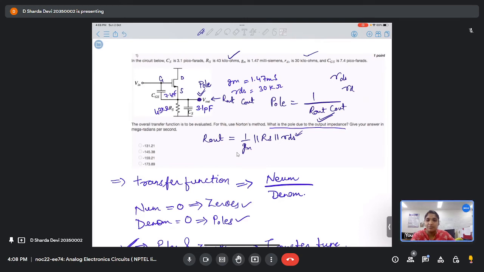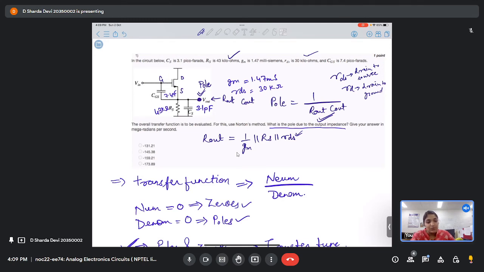When you write RD, that means it is a resistance from drain to ground. There is no other reference, so the reference is ground. But when you write RDS, it becomes drain to source resistance, so here the reference becomes source.